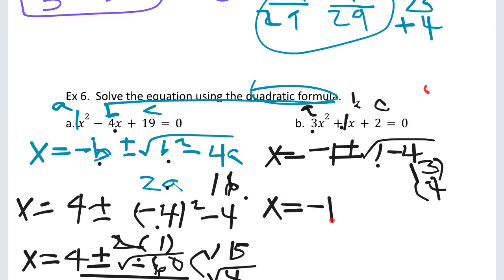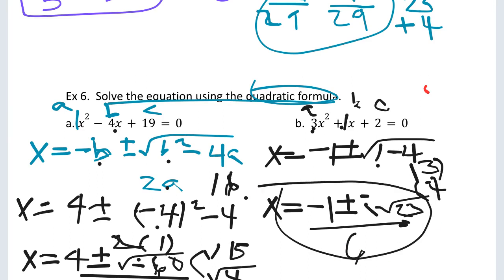Negative 1 plus or minus root negative 23, bring an i out, over 2 times a, 2 times 3 is 6. That would be the answer there. This concludes the notes for performing operations in complex numbers and applying it to quadratic formula.